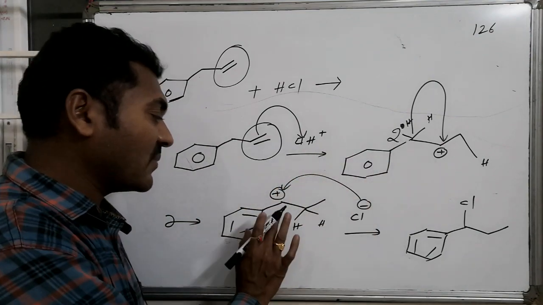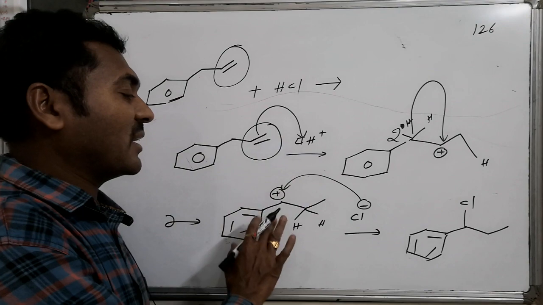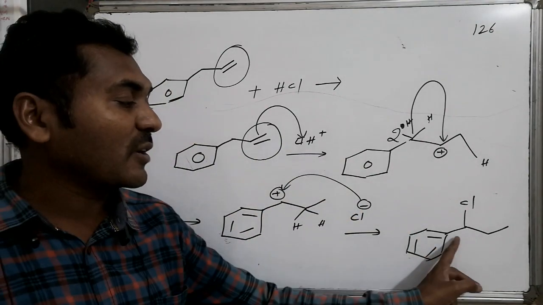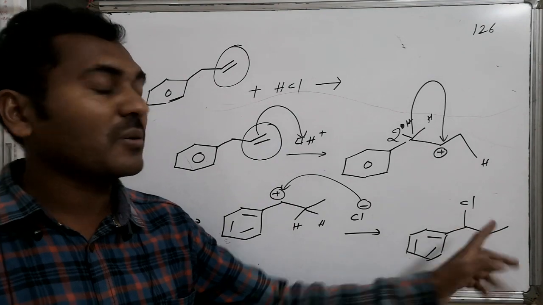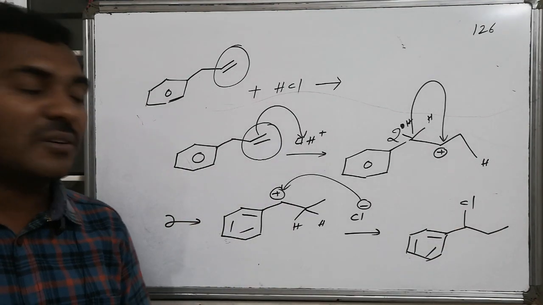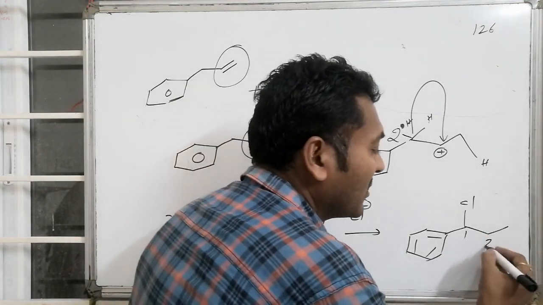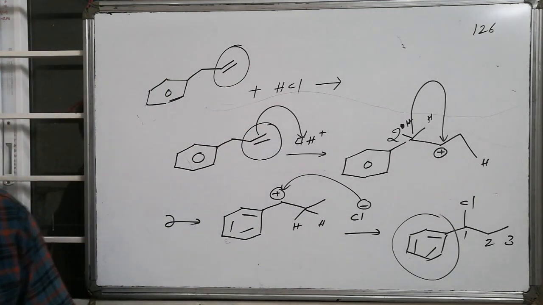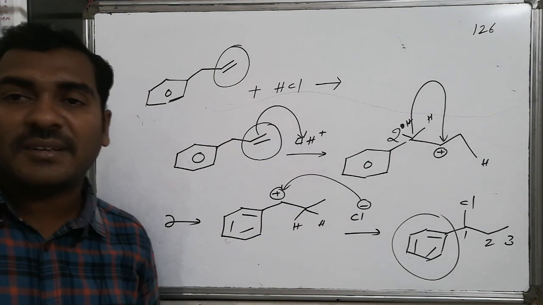After the resonance, the formed most stable carbocation is attacked by the Cl minus nucleophile, resulting in the formation of 1-phenyl 1-chloro propane. If I give the numbering 1, 2, 3, 1-phenyl 1-chloro propane formation takes place.